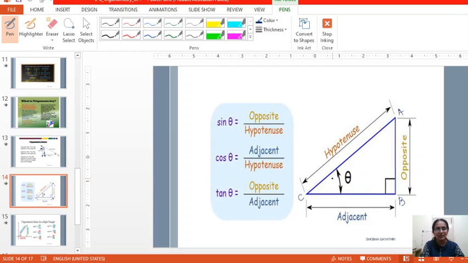Now sin theta. What do you mean by sin theta? Opposite side by hypotenuse. Cos theta equals adjacent side by hypotenuse. Tan theta equals opposite side by adjacent side.